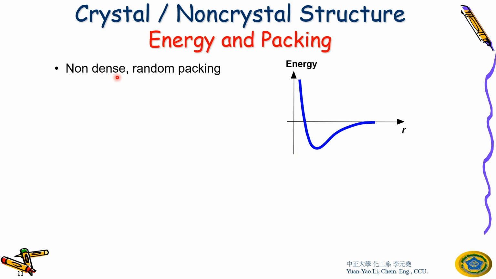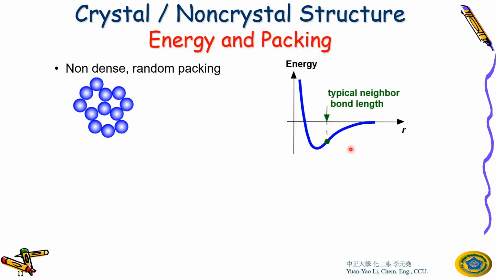But for the non-dense random packing, what does that mean? It means the energy between two atoms will be averagely what? Low. It might be somewhere around here. It has not reached the lowest energy state, which is the most stable state.